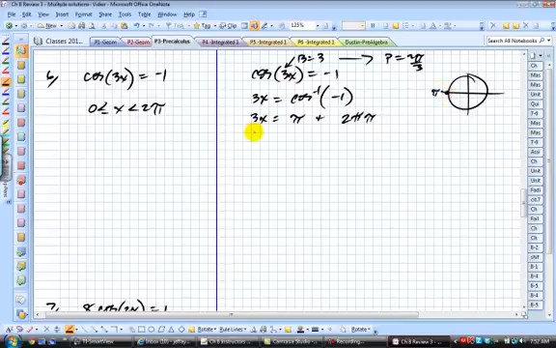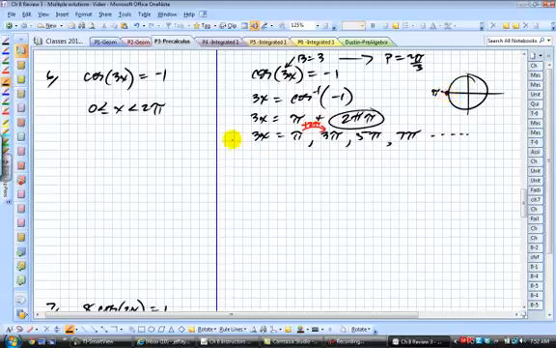So my solutions here are basically pi, and then everything that's coterminal with that, which is 3 pi, 5 pi, 7 pi, and the list goes on and on. That's what this does. You keep on adding 2 pi to get multiple solutions. Plus 2 pi, plus 2 pi, plus 2 pi. And you'll get to the same point because we know it's coterminal there.